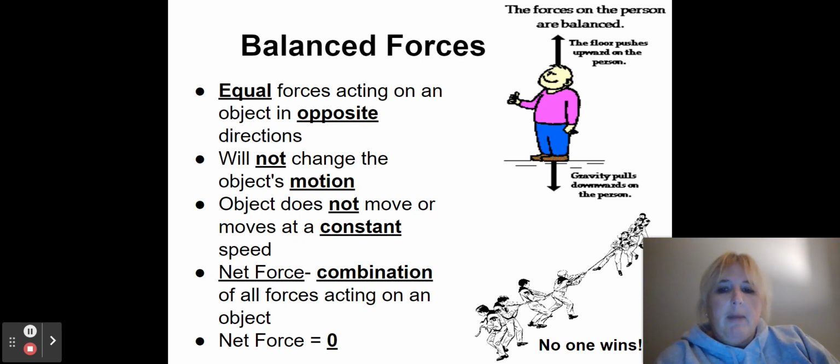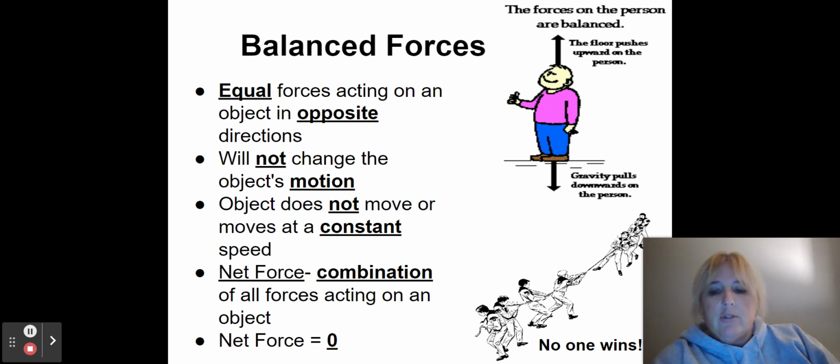So, think of a tug of war match where both teams pull with the same amount of force and nothing moves. If forces are balanced, there will not be any change in the object's motion. So, if the object is at rest, not moving, it will stay at rest. And if the object is in motion, moving at a constant speed, it will continue in motion.